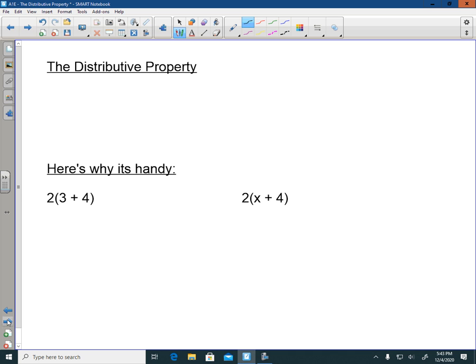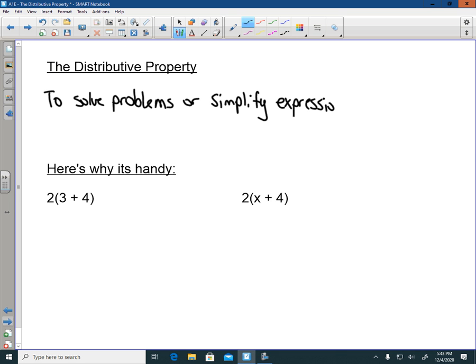The distributive property says this: to solve problems or simplify expressions, you can distribute values into parentheses.